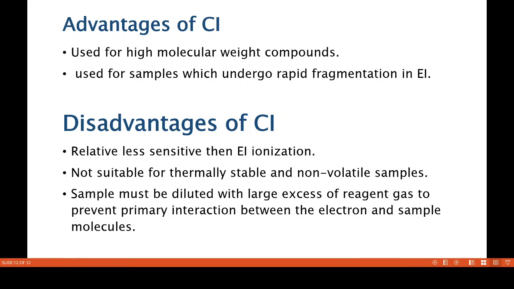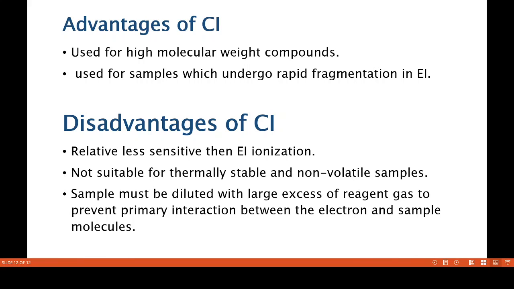The last disadvantage is that the sample must be diluted with a large excess of reagent gas to prevent a primary interaction between the electron and the sample molecule. So these are the disadvantages.